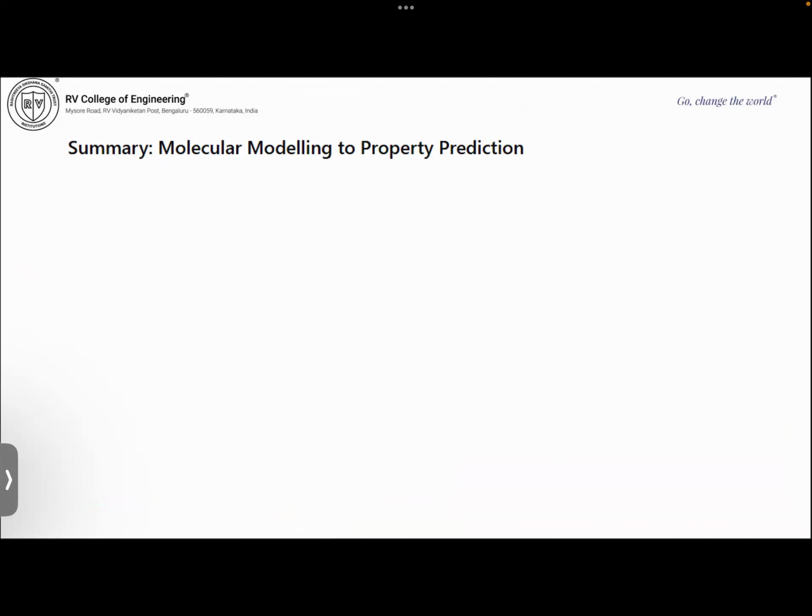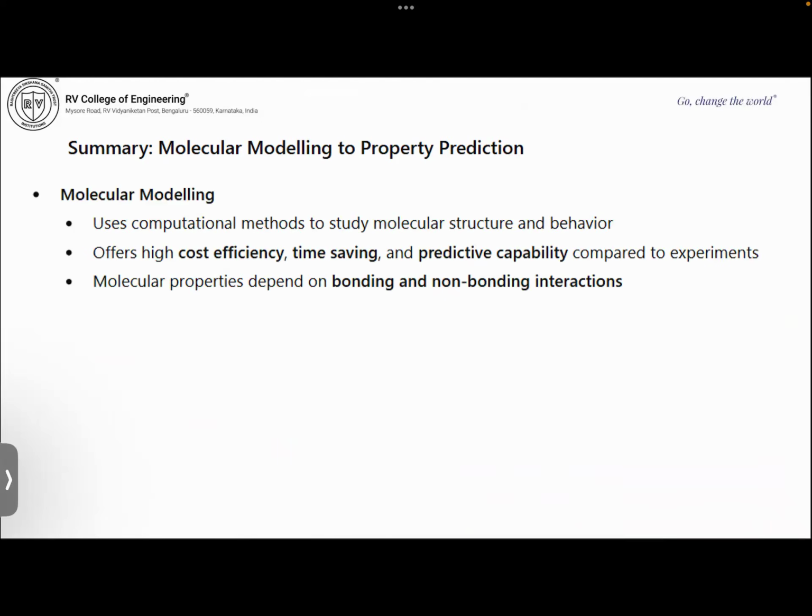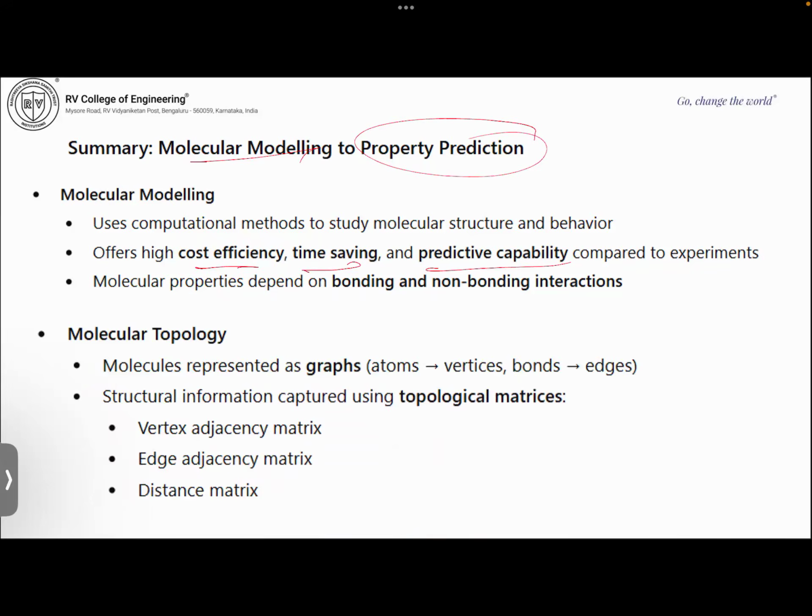With this, I'm summarizing the entire unit, that is computational chemistry. The summary: from molecular modeling to property prediction. Molecular modeling uses computational methods to study molecular structure and behavior. It offers high cost efficiency, time saving, and predictive capability compared to real-time experiments. Molecular properties depend on bonding and non-bonding interactions.